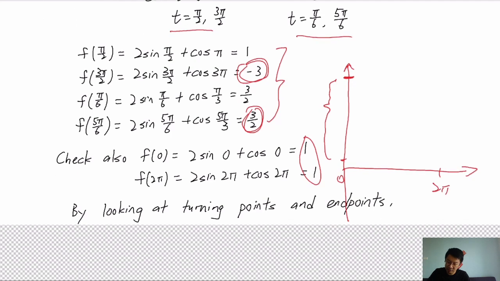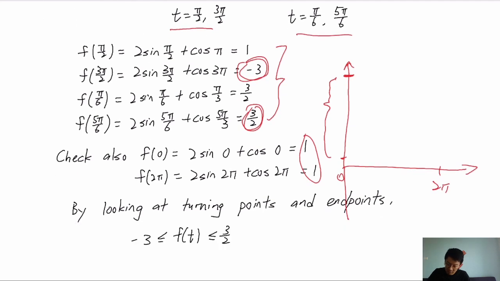We have the -3. This is 1, let's say. This is 3/2, and this is -3. It could look like something like this, because we have one maximum point and also one minimum point.